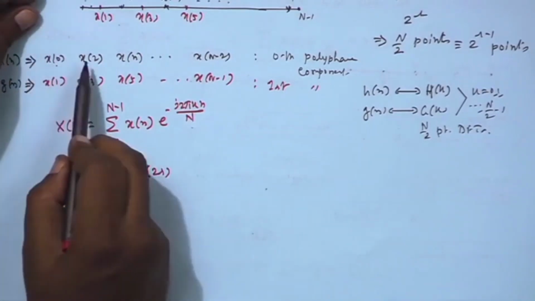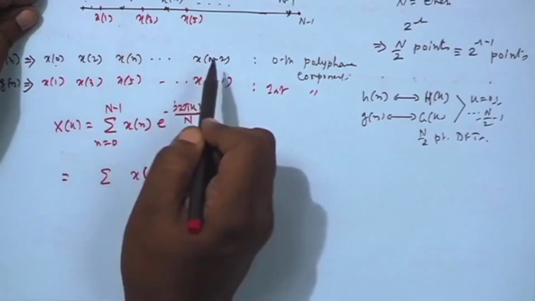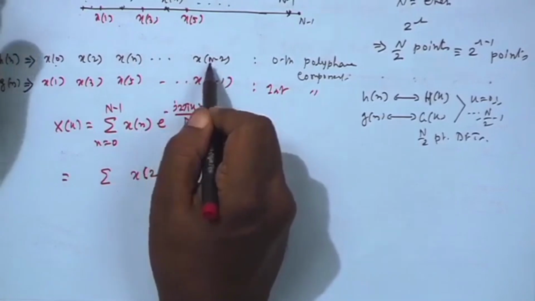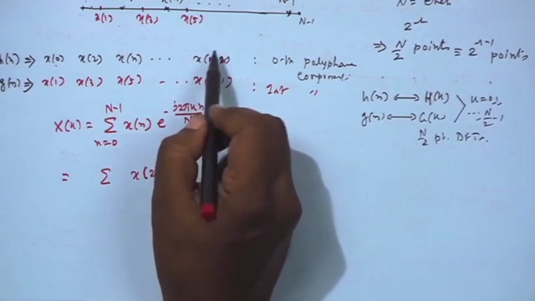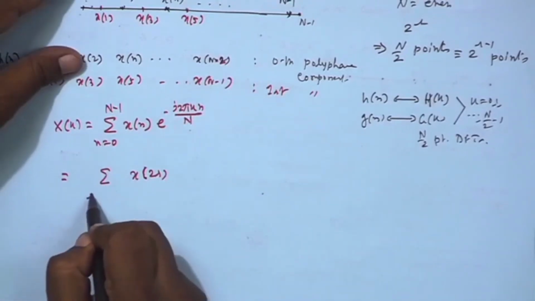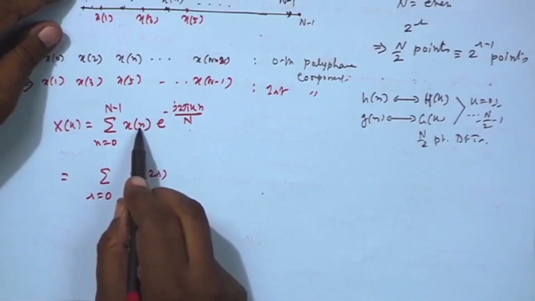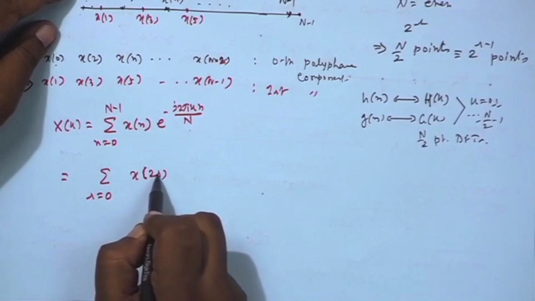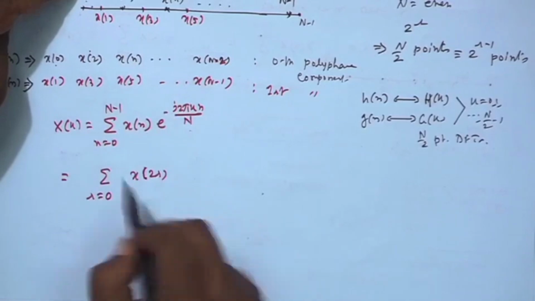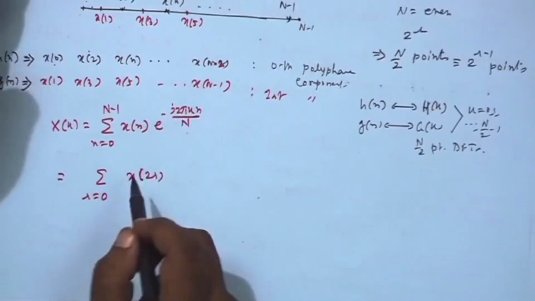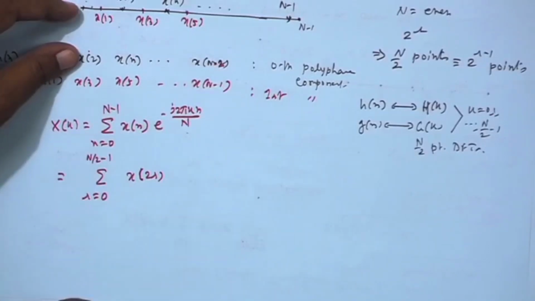So, r can be 0, r can be 1, that is 2 into 1, r can be 2, 2 into 2, like that. R here goes up to, since n is a power of 2, n by 2 minus 1. So, r equal to 0, that is x of 2 into 0, x0. Then r equal to 1, that is x of 2 into 1, x2, this term. R equal to 2 means x of 2 into 2, x4, this term. Total terms is n by 2, so it goes up to n by 2 minus 1.